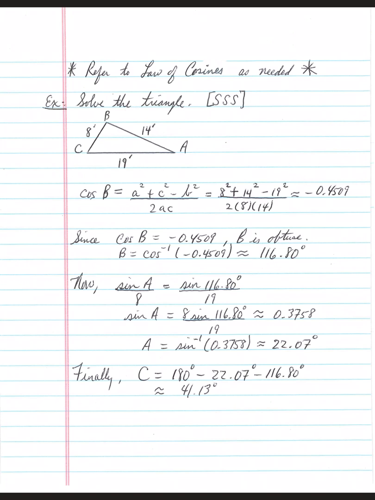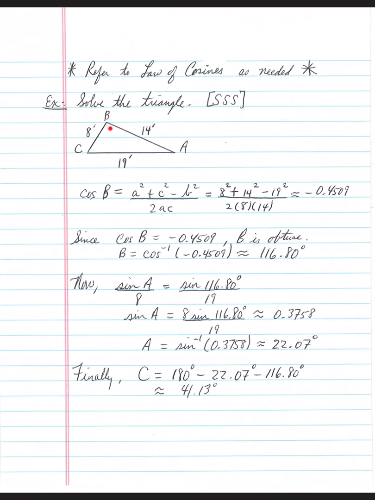Now, in quad 2, you have angles that are more than 90 but less than 180. That means it's obtuse. And I put a note here, since cosine of angle B is negative, angle B has to be obtuse. Put it in your calculator, cosine inverse of that negative decimal number, and it does come out to 116.80 degrees.